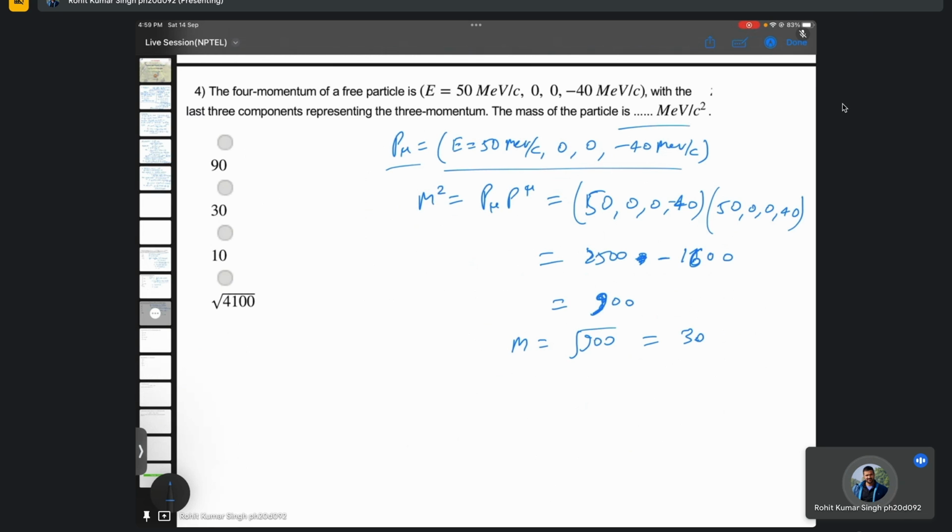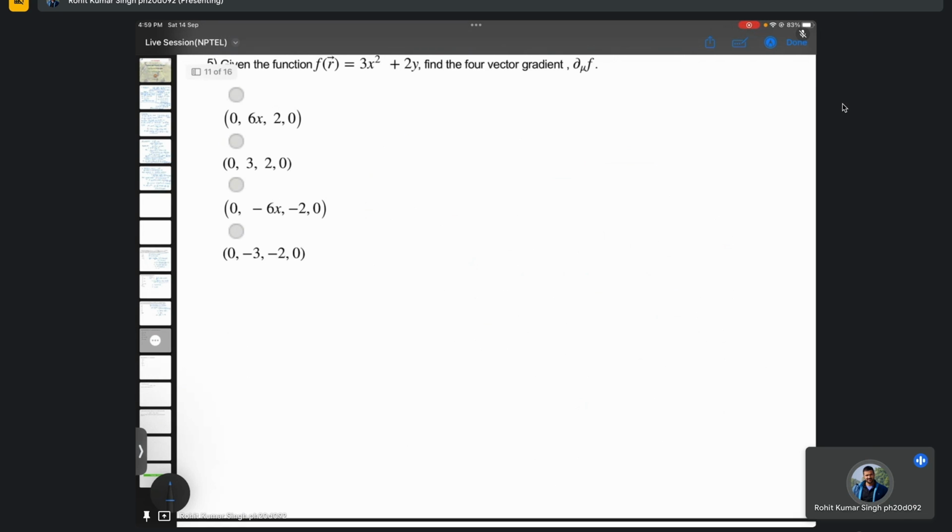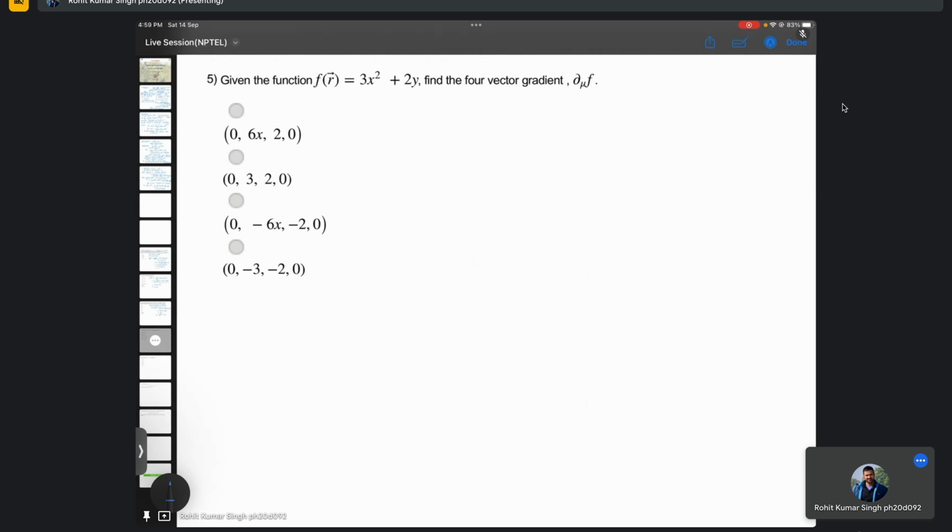Okay, so let's move to the next problem. Now here one function is given, having only the spatial coordinates, and we have to find the 4 vector gradient.